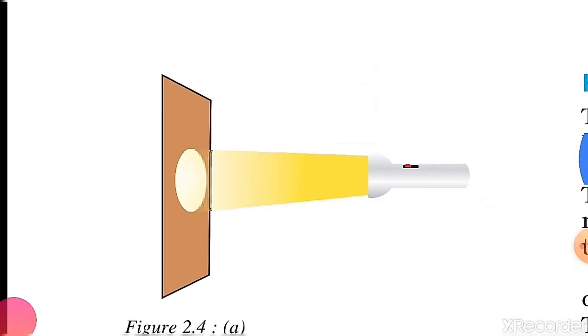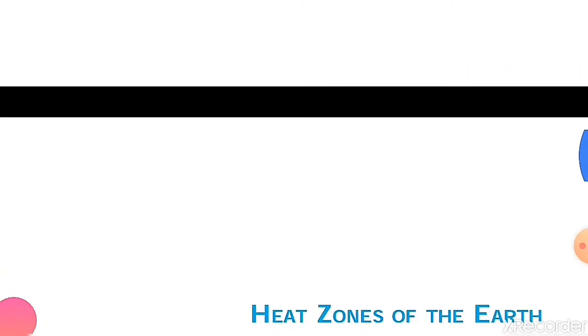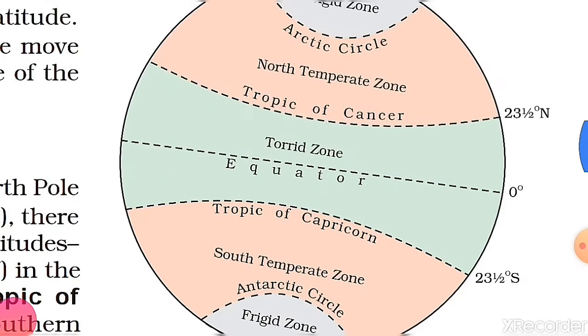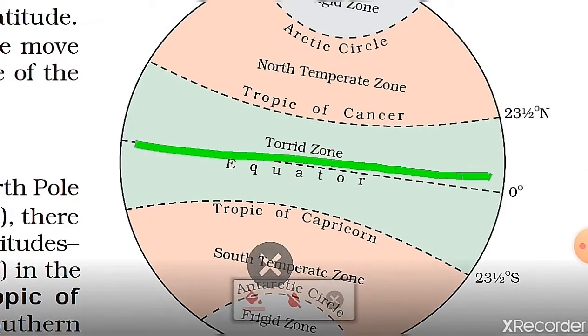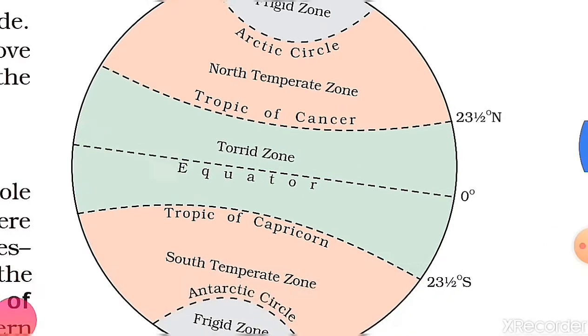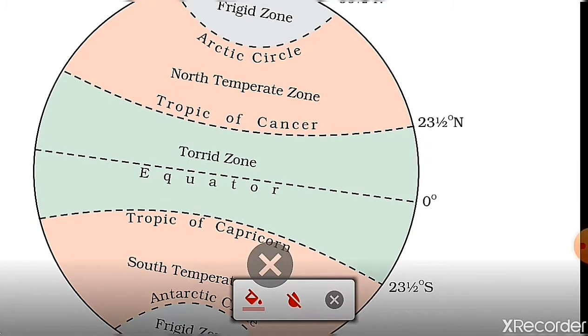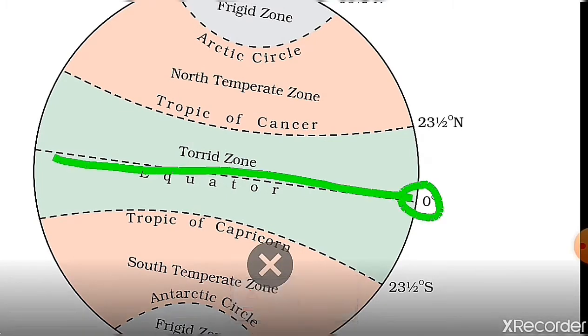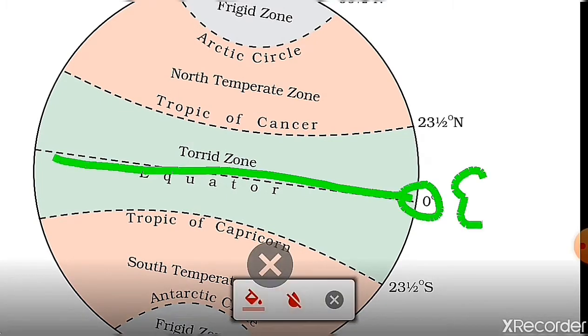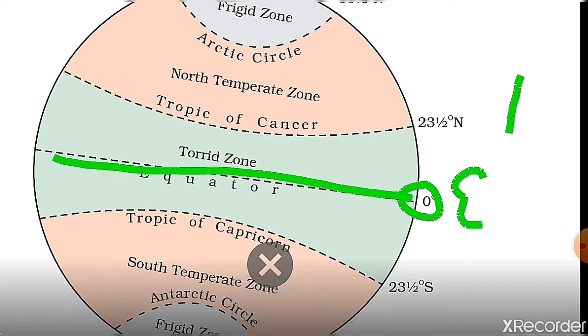Okay, you can see in this picture very well that this is the equator. You know that 0 degrees represents the equator, and this is the east side, the side of the sunlight.